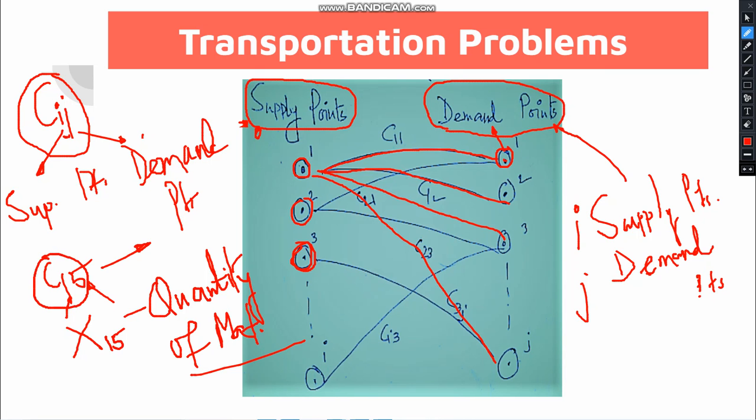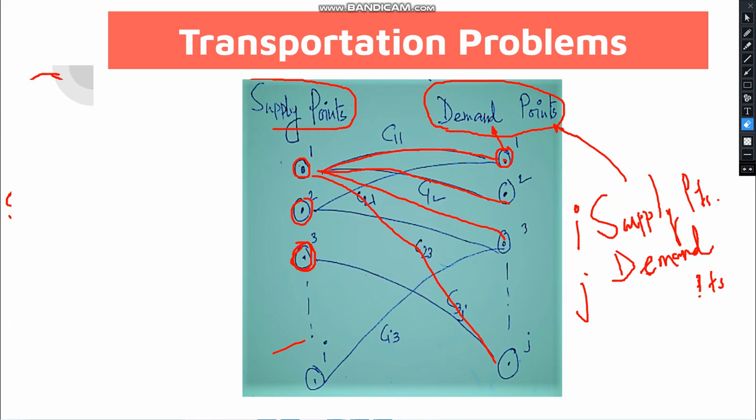If you transport X15 amount of material, then the total cost will be what? It will be very simple, you can think of it. It will obviously be X15 into C15.